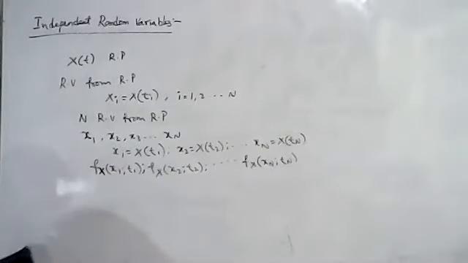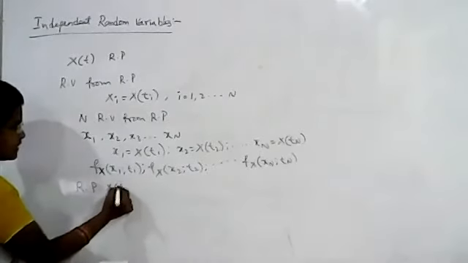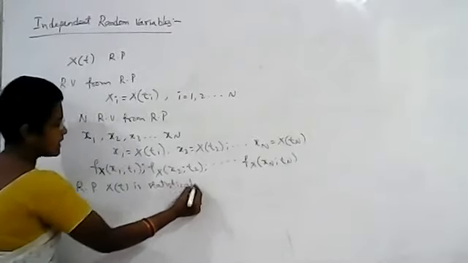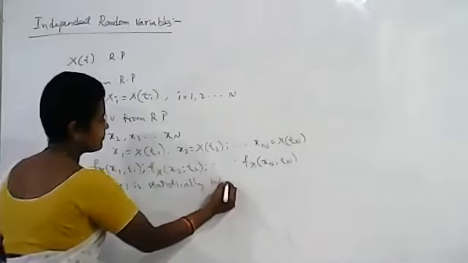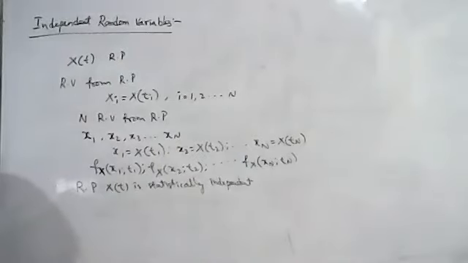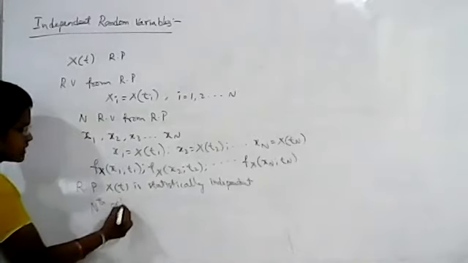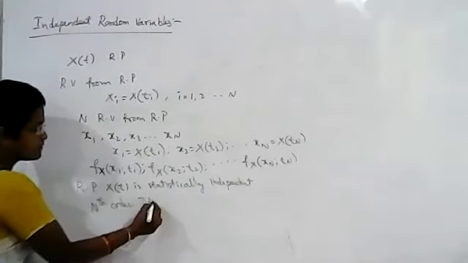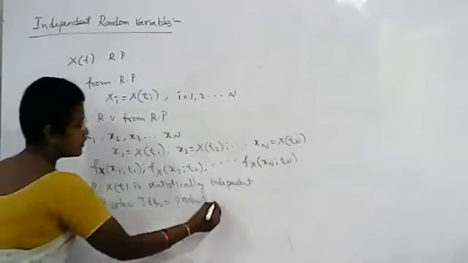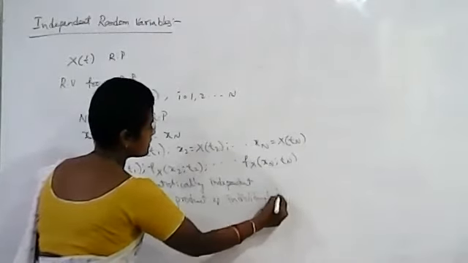Then we say that the random process X(t) is statistically independent if the nth order joint density function is equal to the product of individual density functions.